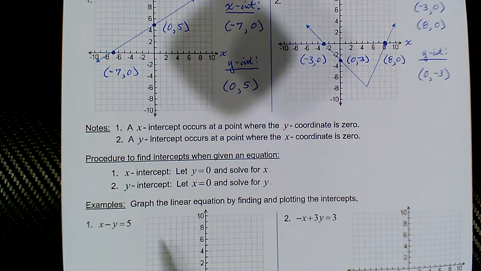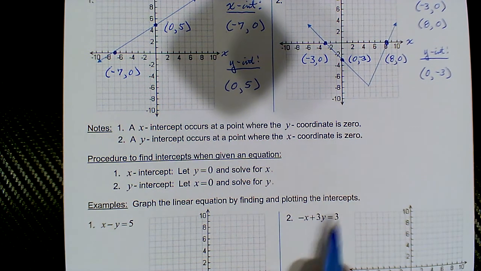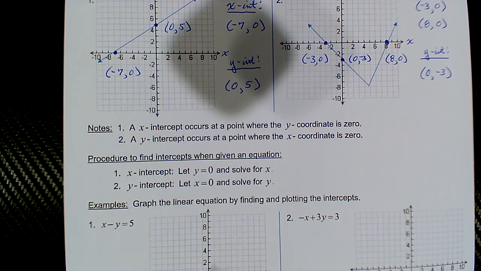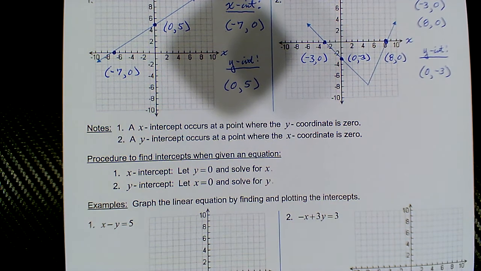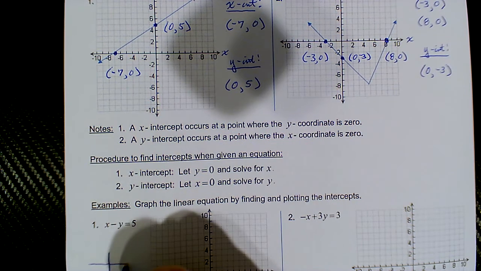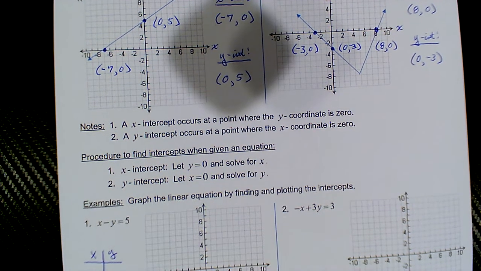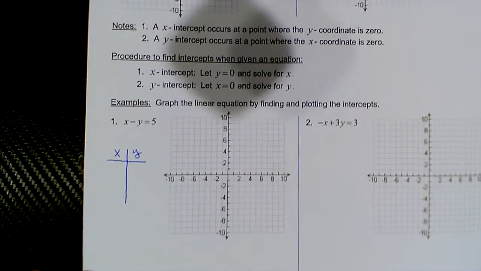Here we're given an equation, and it says graph the linear equation by plotting the intercepts. I'm going to do the side work down at the bottom here, but one thing you can always do is set up a table of ordered pairs, because when we graph, setting up a table is convenient.